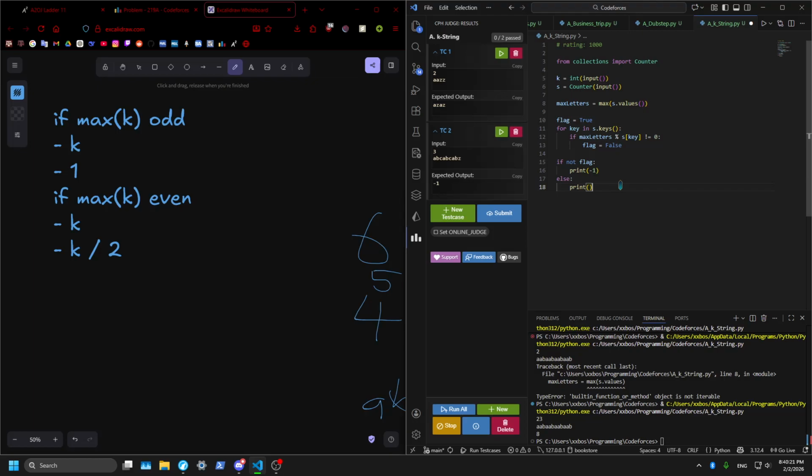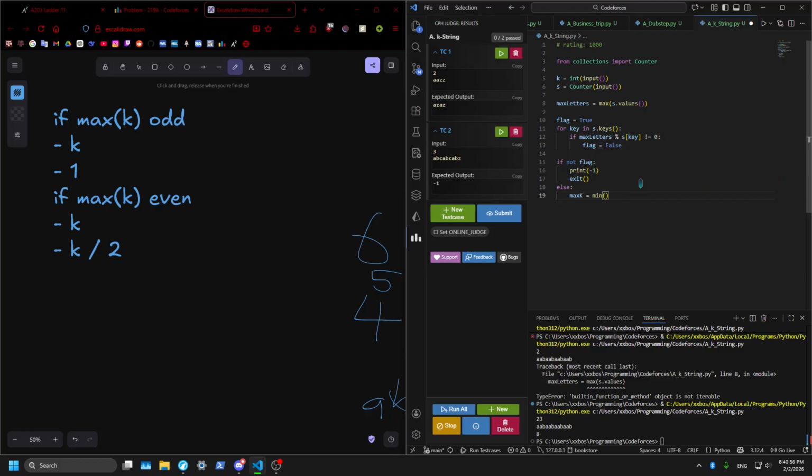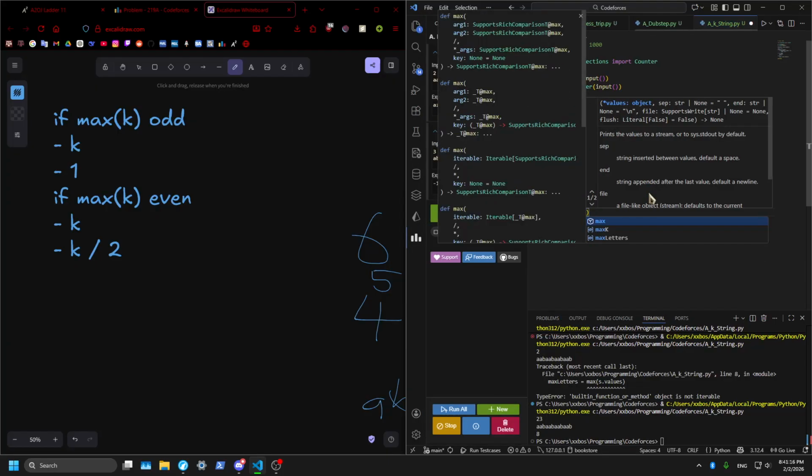That's the question. The max k is the minimum of s dot values, like this. I think print max k.